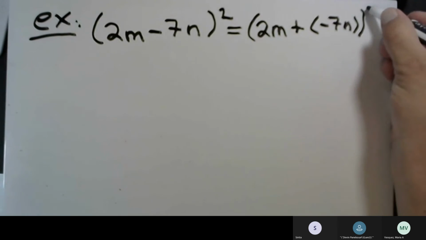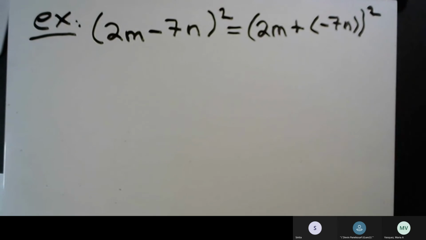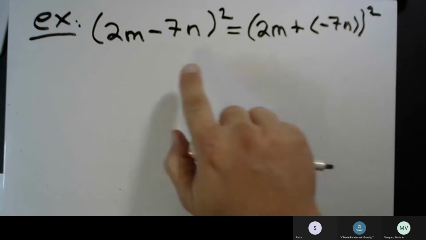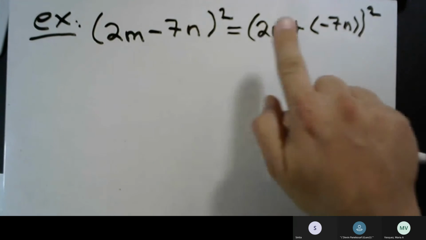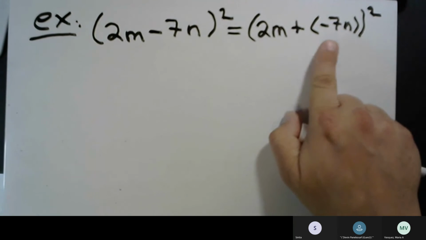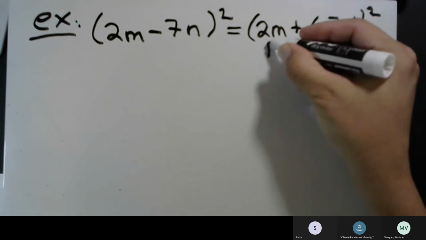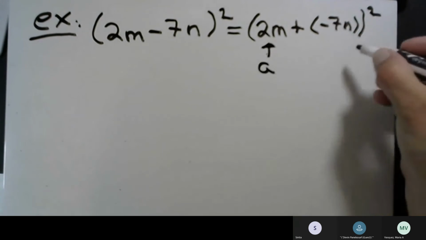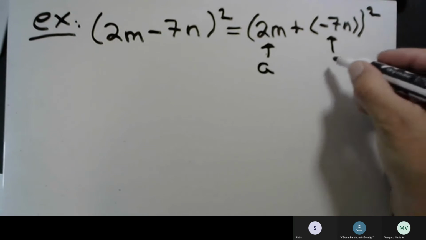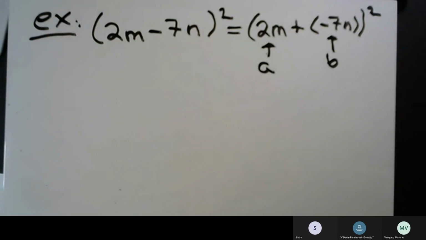So this is kind of the second version of this first form. Sometimes you'll see it presented as a plus b squared, and then a minus b squared separately, but you can actually combine these two. If you take the minuses and rewrite them as plus a negative, then 2m will be a, and negative 7n will be b.